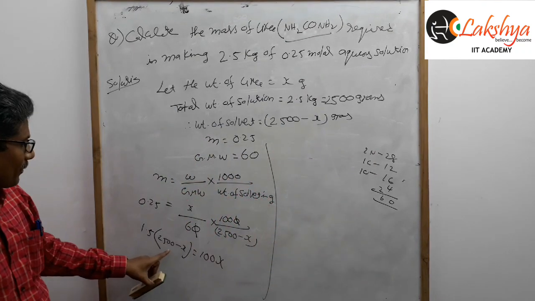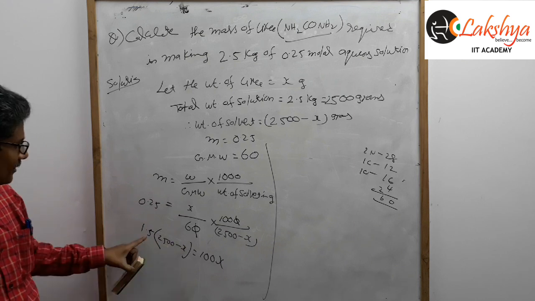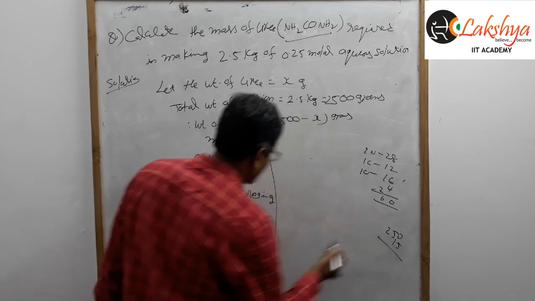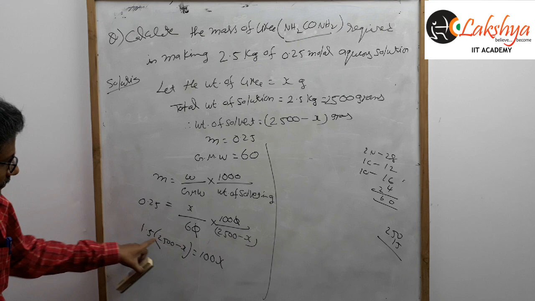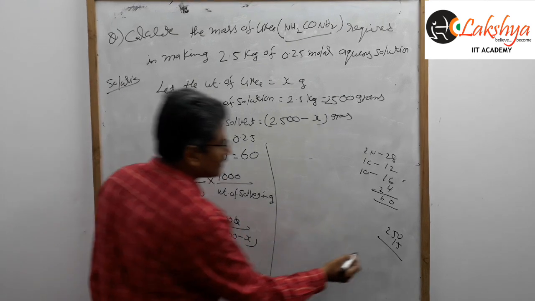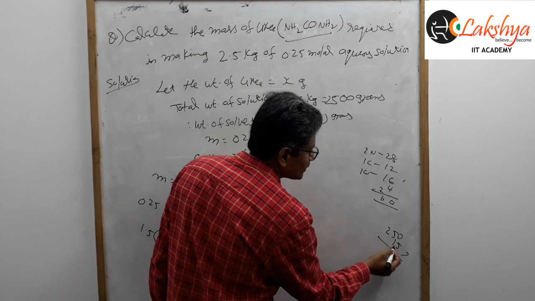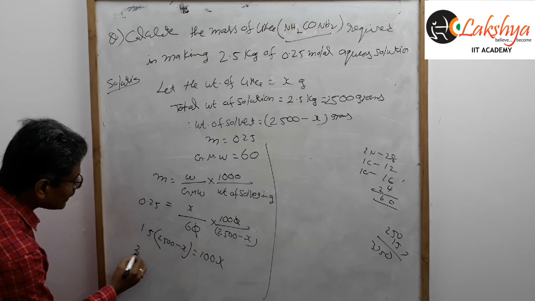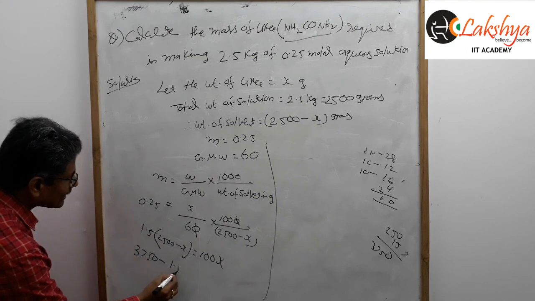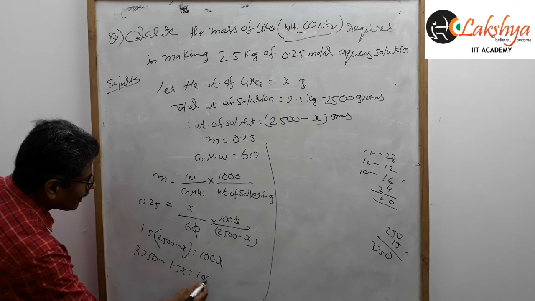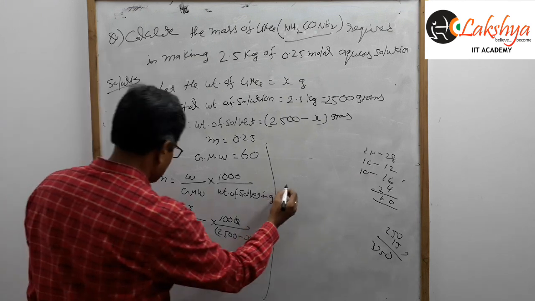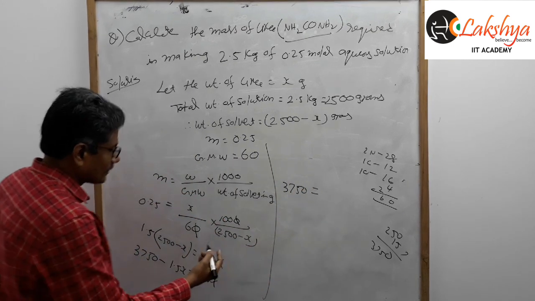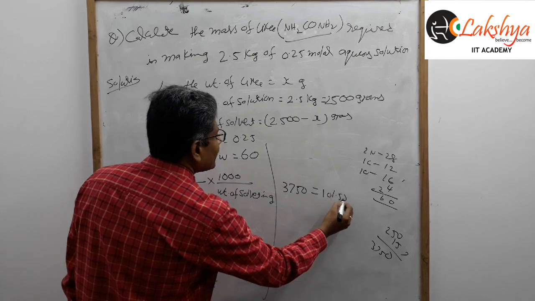Right. 1.5 into 2500 means 15 into 250. 15 5s are 75, 15 2s are 30, plus 3750. So for this, 3750 minus 1.5x is equal to 100x. That implies 3750 is equal to, this come to here, 101.5x.